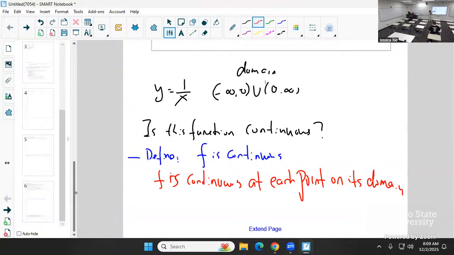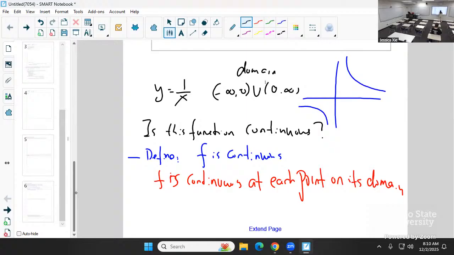The domain is all real numbers except 0. So 0 does not belong to the domain, right? Because the function is not defined at 0. So at any non-zero real number, 1, -1, 2, -1/2, whatever, is this function continuous? Let's think about that. The graph of the function might look like that.